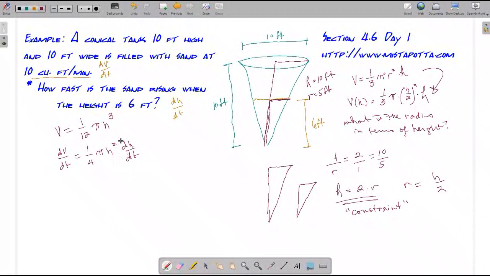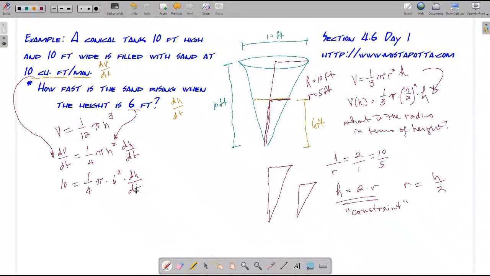Step 3 is I take the values that I know and I substitute. I know that sand's coming in at 10 cubic feet per minute. That's my change in volume. And I know that my height is 6 feet. So I'm ready to substitute those things in. I've got 10 equals 1/4 pi times 6 squared times dh/dt.